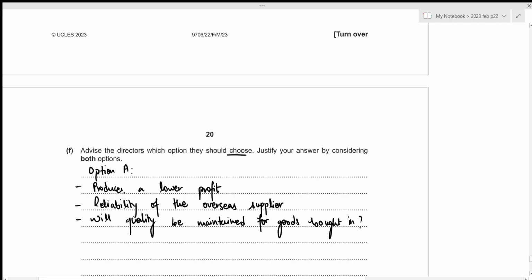And there is also the risk of losing customers if the quality from an overseas supplier is not acceptable. Let's write it down. Risk of losing customers if the quality is not acceptable.